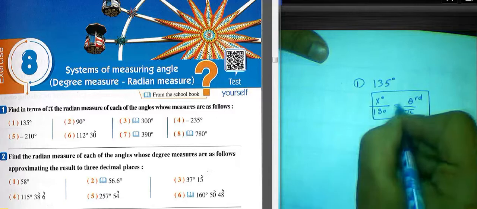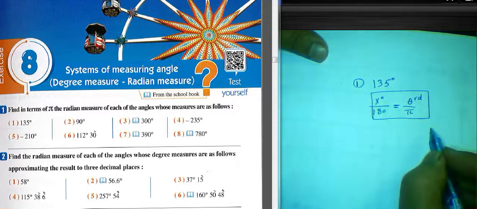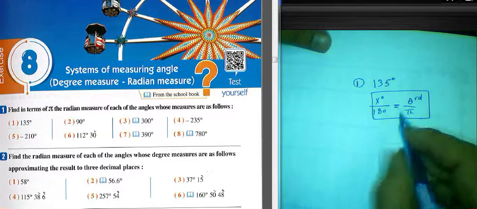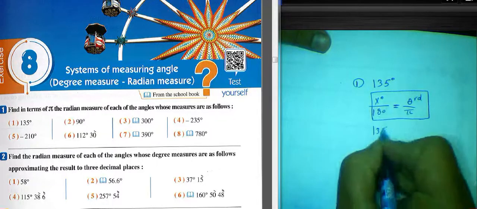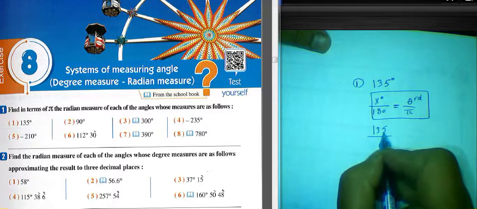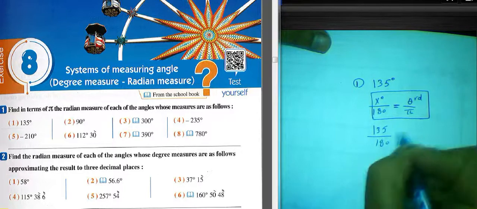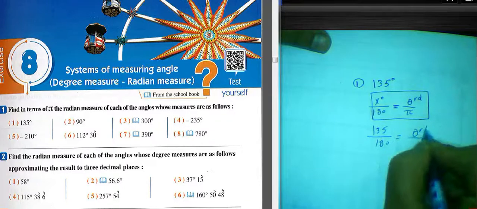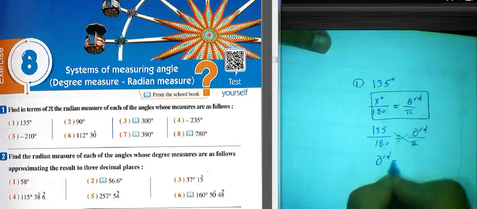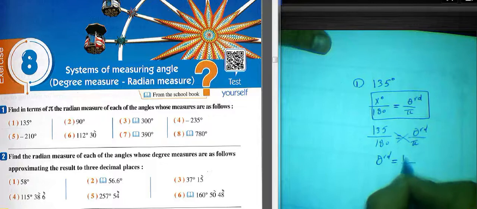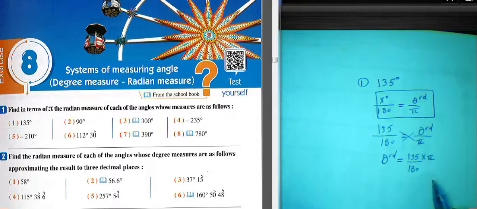You use this relation between theta degree and theta radian to convert from degrees to radians. We write 135 over 180 equals theta radian over pi, and then we can find theta radian by multiplying by pi, meaning 135 over 180 multiplied by pi, and then you can solve by your calculator.